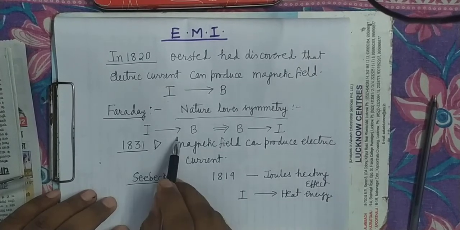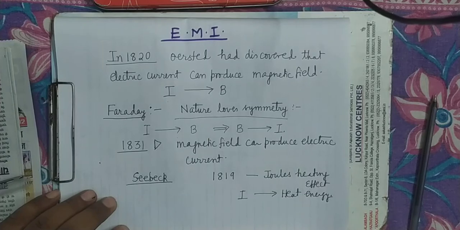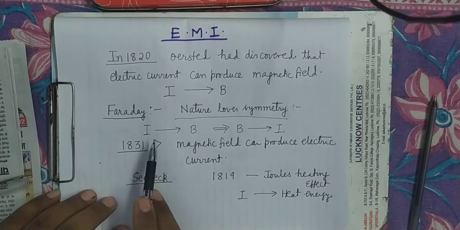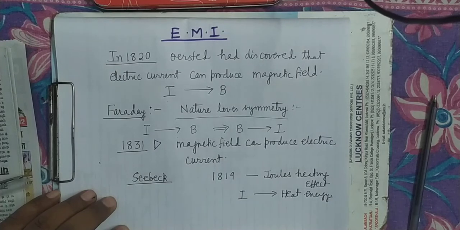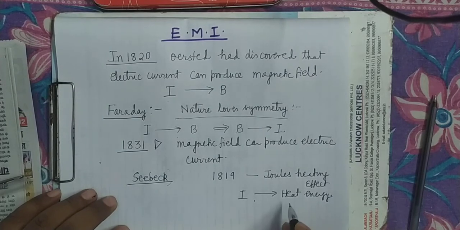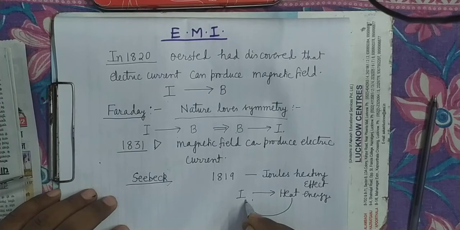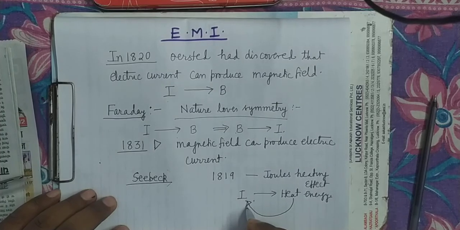When Faraday said that every phenomenon has its opposite phenomenon also, and that a magnetic field can produce electric current, Seebeck applied this analogy of Faraday in this case, and he discovered that heat energy can produce electric current.